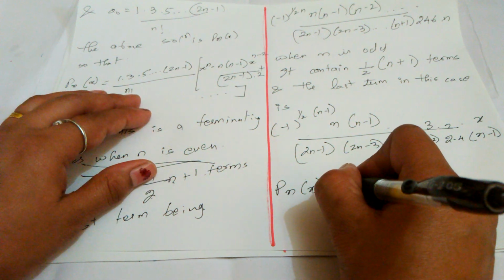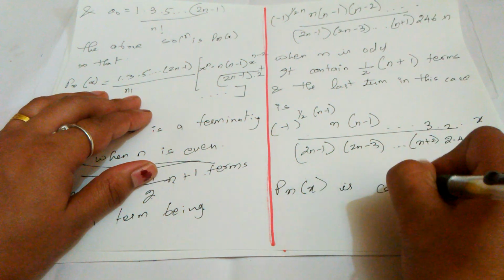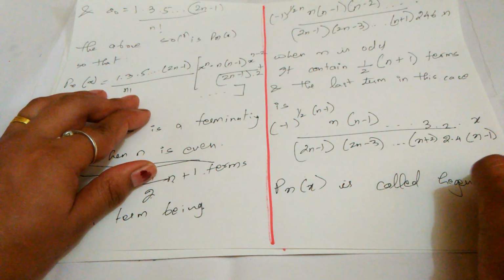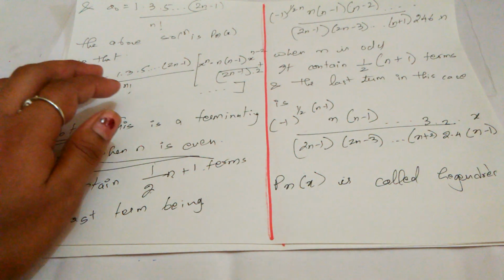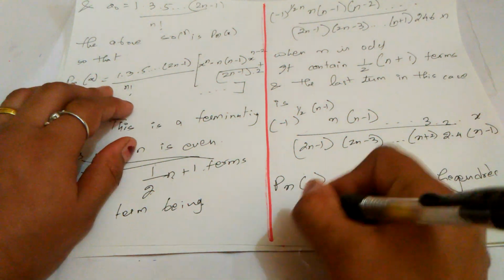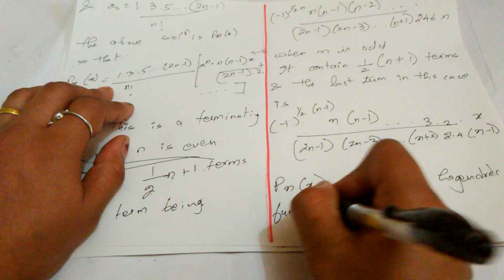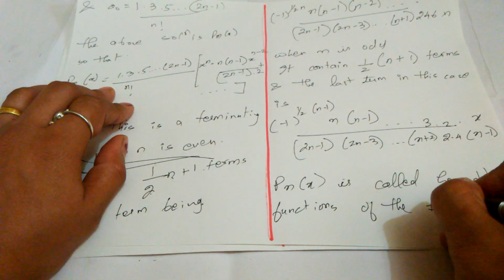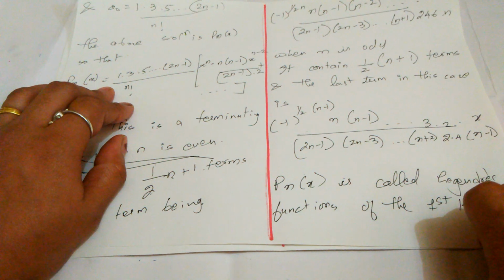here in this, P of n is called the Legendre's functions of the first kind.